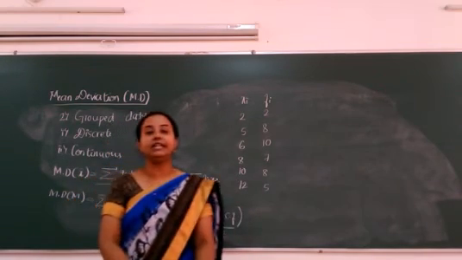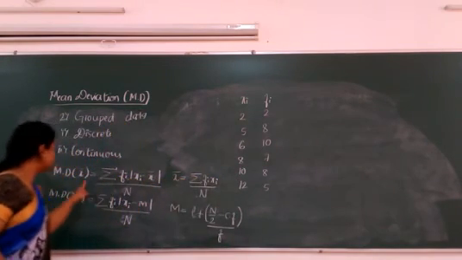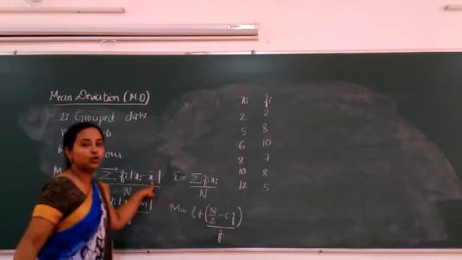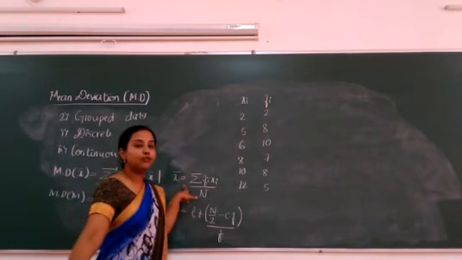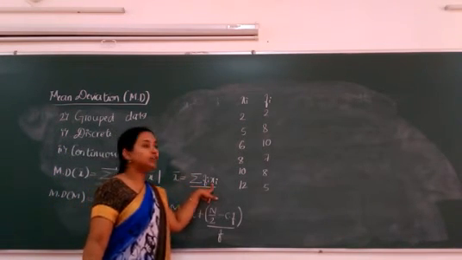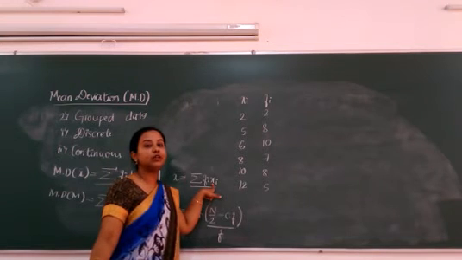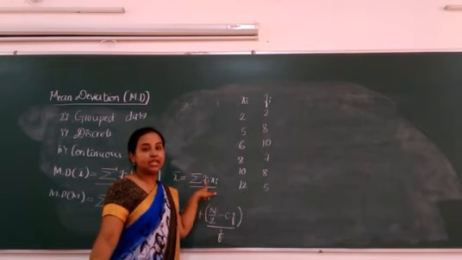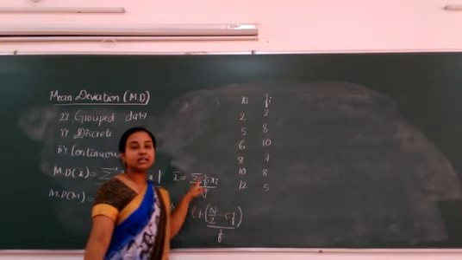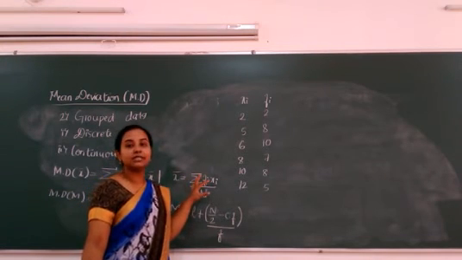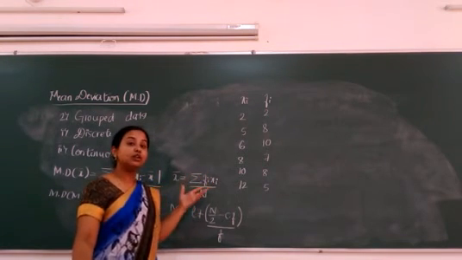You need to find mean deviation about mean. So to find it, we should know what the mean is. The mean formula is summation of fi into xi. So first we need to find this summation. In the question, is the summation of the fi into xi column directly given? No. We have to calculate.